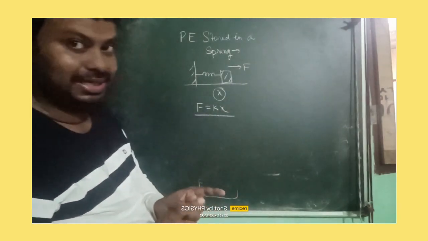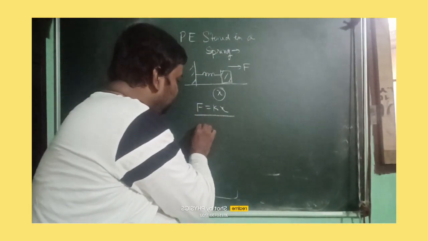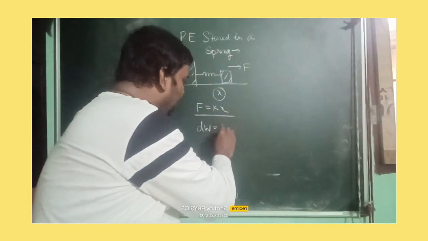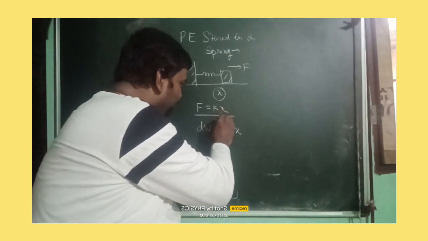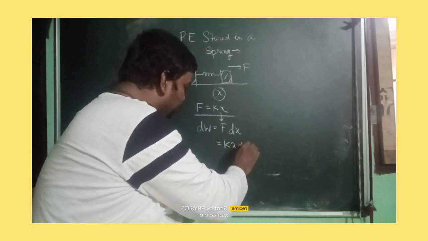What is k? k is the stiffness constant. Now to find the work done, dW for a small amount of displacement, is F into dx. Now putting F equal to kx, dW is equal to kx dx.